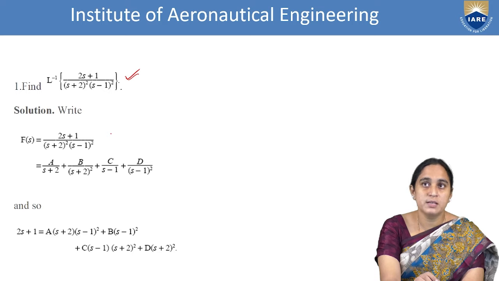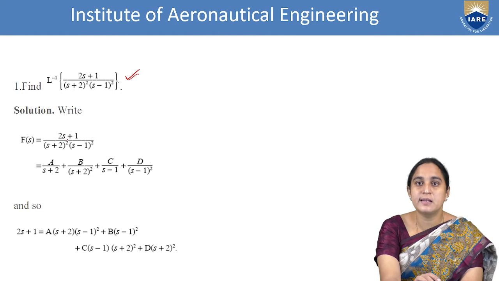We use partial fractions if the numerator power is less than the denominator power. Here, observe the numerator, s has power 1 and the denominator has power 2, that means 1 is less than 2. For that case I am using partial fractions.